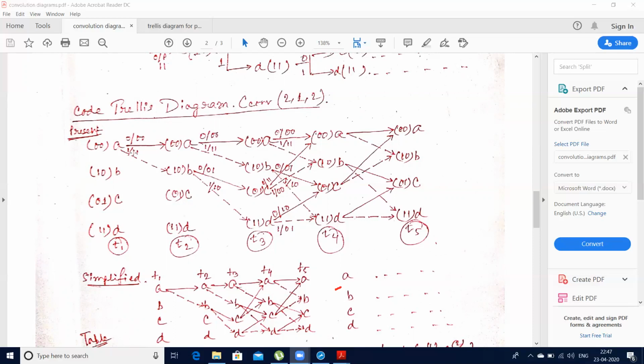As before, the input and the output will be written above the direction arrow. So the bold line is used for input 0, and the dotted line is used for input 1.